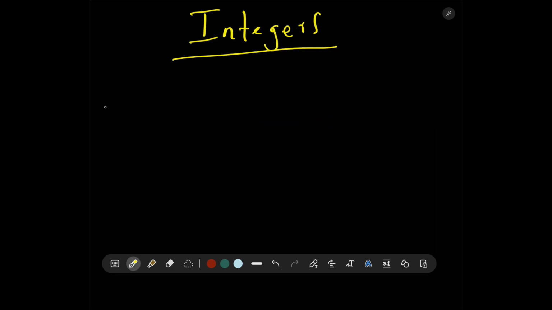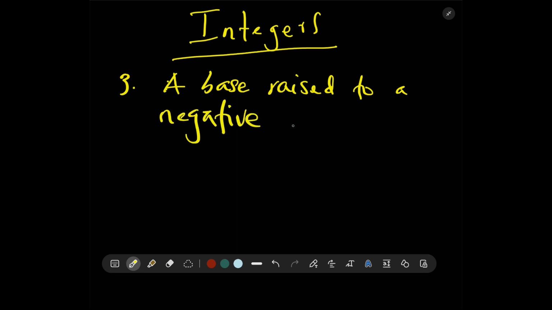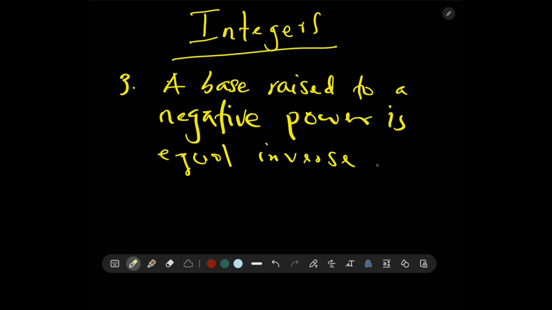Rule number 3 says that a base raised to a negative power is equal to the inverse of the exponential.